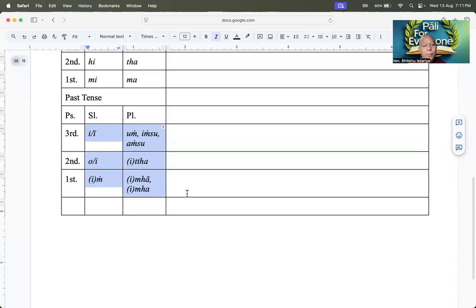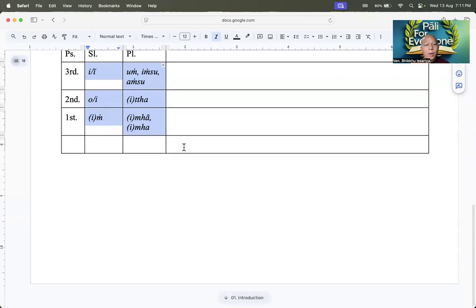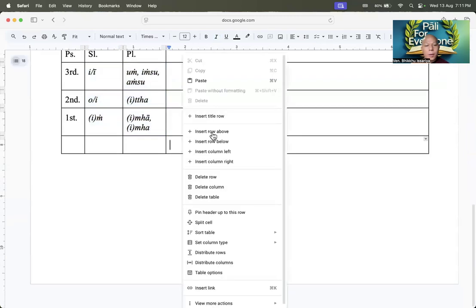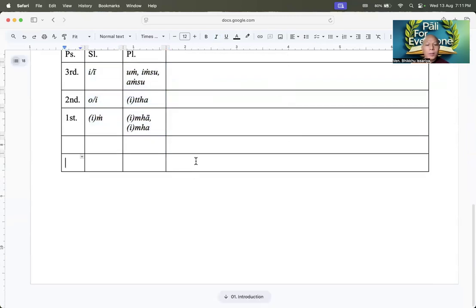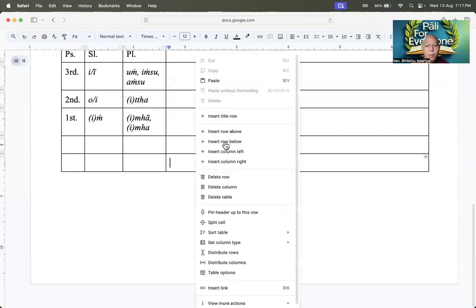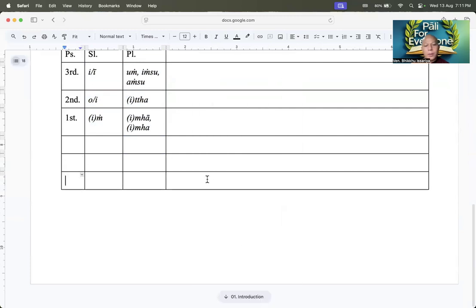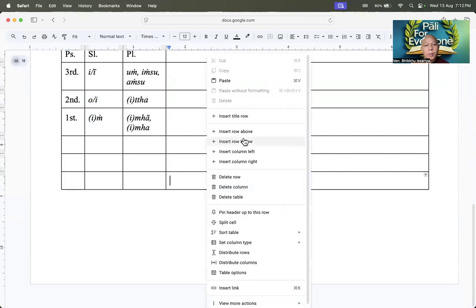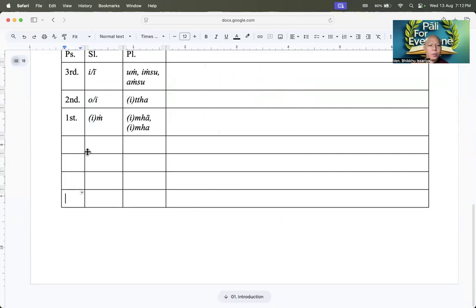And then now for the optative, the last one, because the optative system is a little bit branched. So that is a little bit varied.